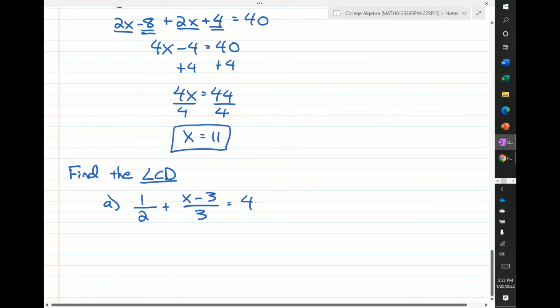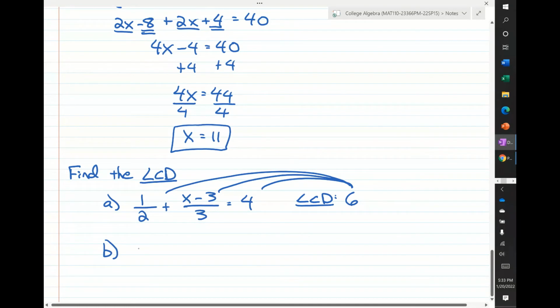We're not looking to solve it. I just want to know that you understand what least common denominator is. What is the smallest number that you could divide by 2 and 3? 6. That's the least common denominator that you would multiply by.